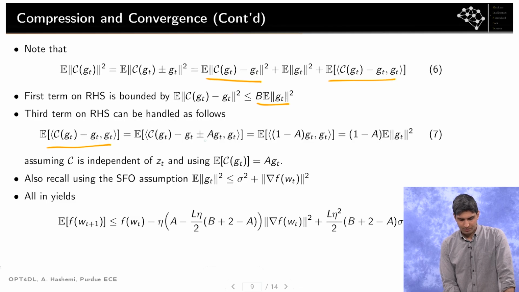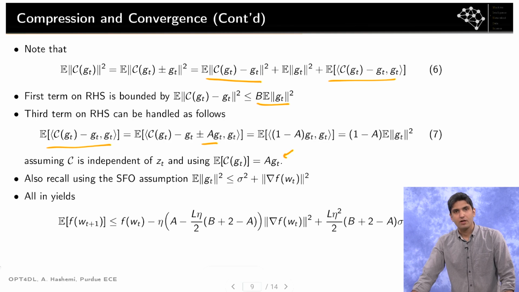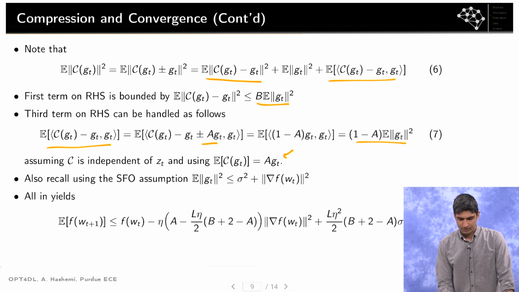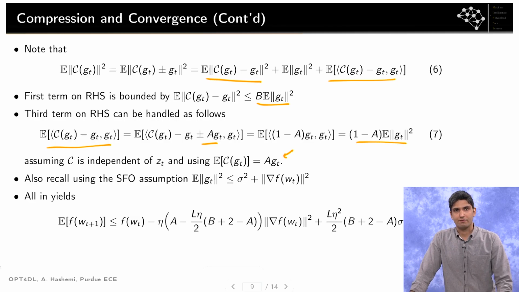So we're going to add and subtract, let's say, A times G. Okay, and if we do this, and again use the fact that our compression mechanism satisfies this property, that its expected value is A times G, and also use the fact that the randomization in our compression method is independent of our choice of minibatch, we'll be able to arrive to this bound after some very basic algebraic manipulations. Okay, so that's the third term.